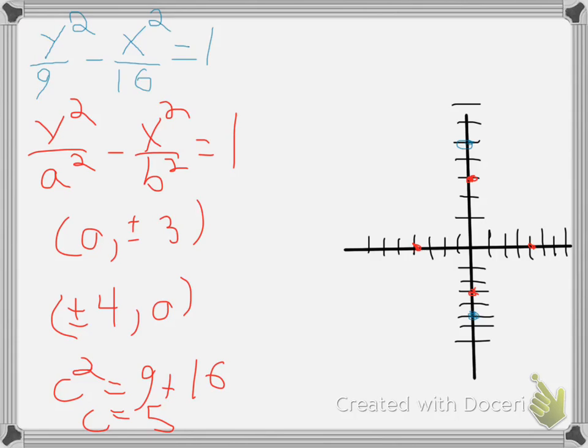Okay, and then the next thing we want to have is our asymptotes. The asymptotes will actually help us draw the curve of the hyperbola, which is of the form y equals plus or minus a over b, so in this case 3 over 4, x. So if it's centered at the origin, the asymptotes will pass through the origin.